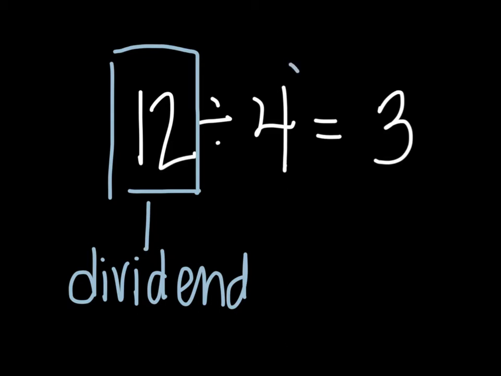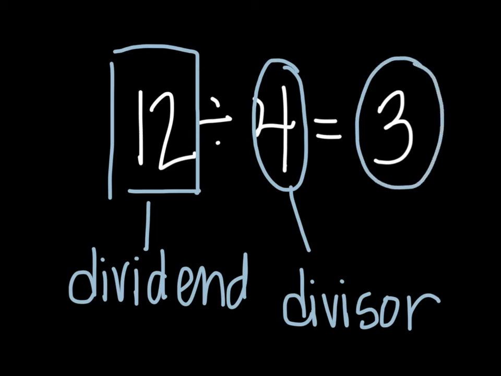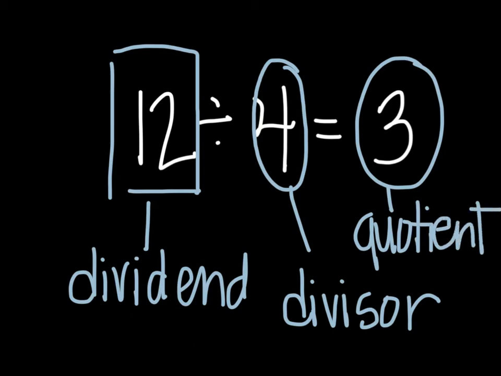Then the number you're actually dividing by is called your divisor. And your answer is called a quotient. This is the same whether you have a division sign, a division bar, or a division box. So we have our dividend, divisor, and quotient.